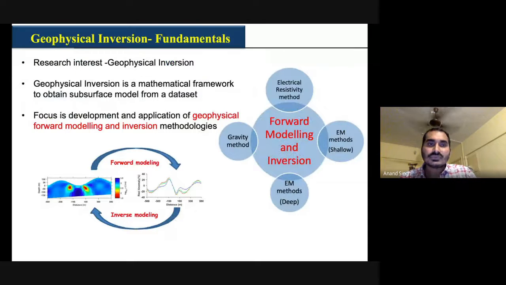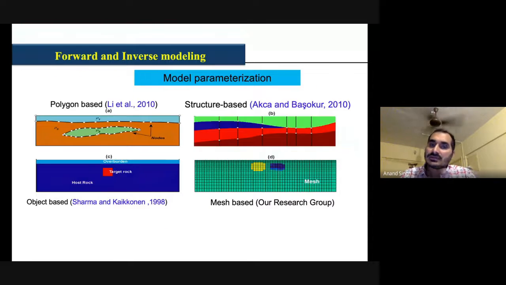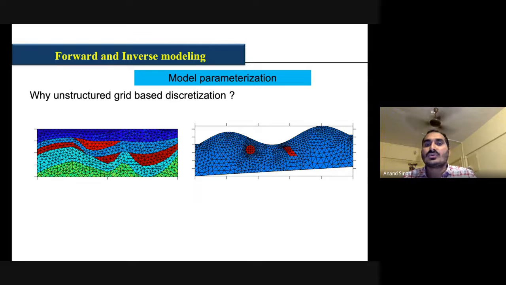These are the problems we are currently working on in our research group, and how we can better model subsurface structures. There are different flavors of this. We also discussed the role of advanced unstructured grid-based discretization, because it can take care of topography and irregular shapes.